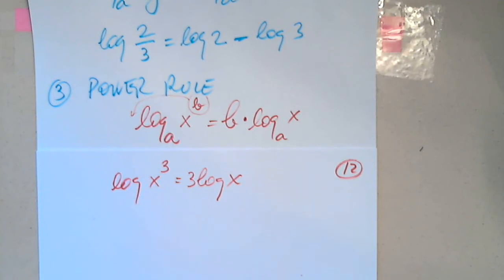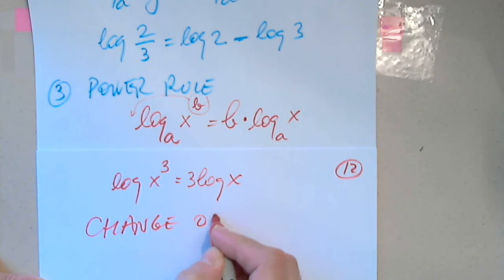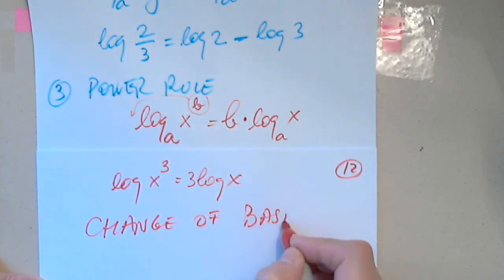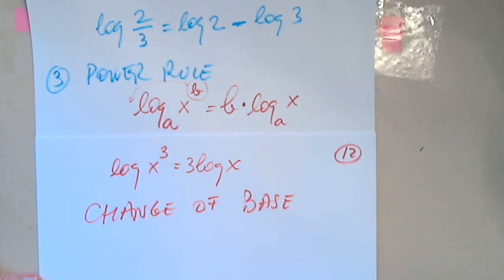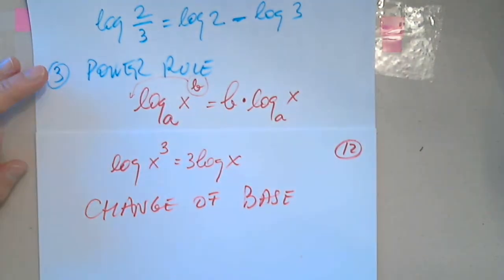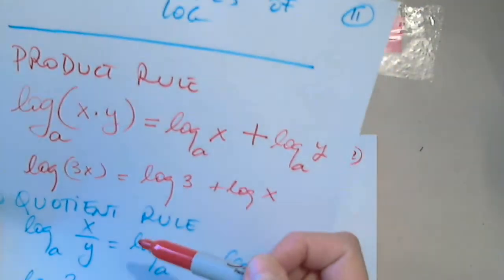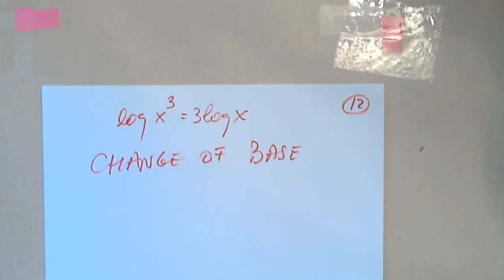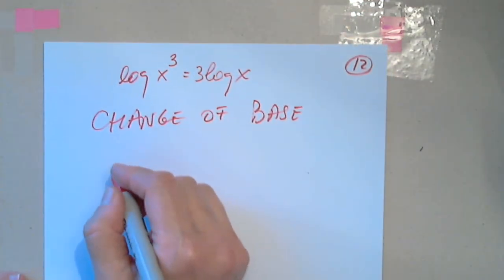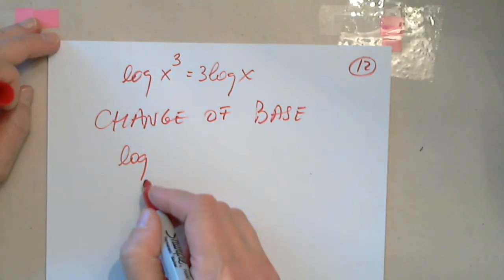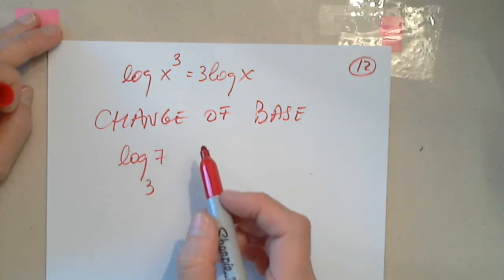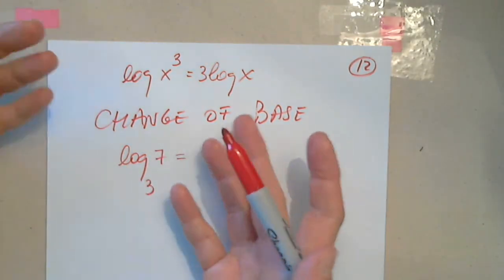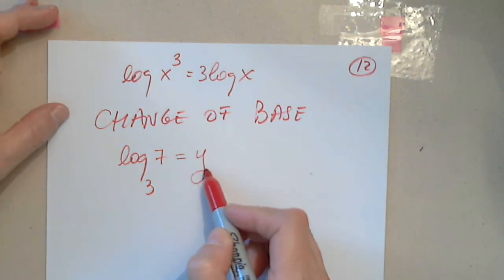There is also something called the change of base, which is not considered a property. There are only 3 properties: product rule, quotient rule, power rule. And this is a change of base in the sense that if you ask me how much is log base 3 of 7, I will say I have no clue. It's y.